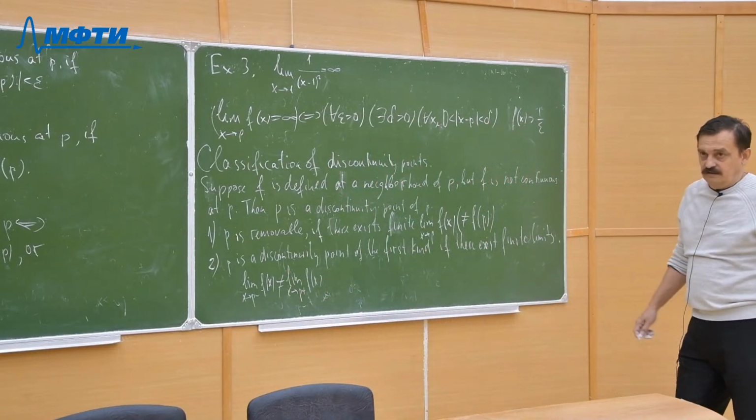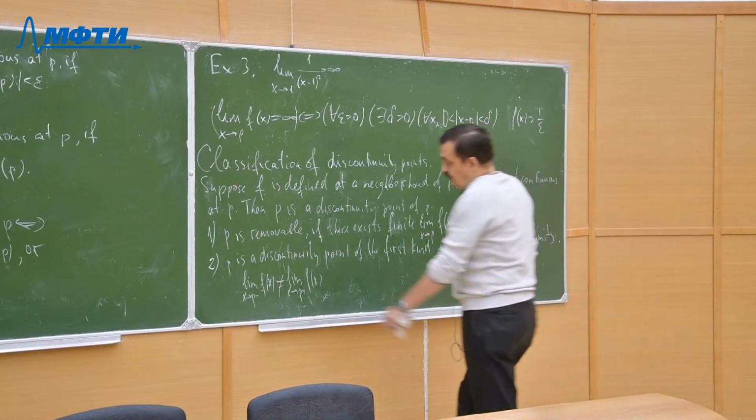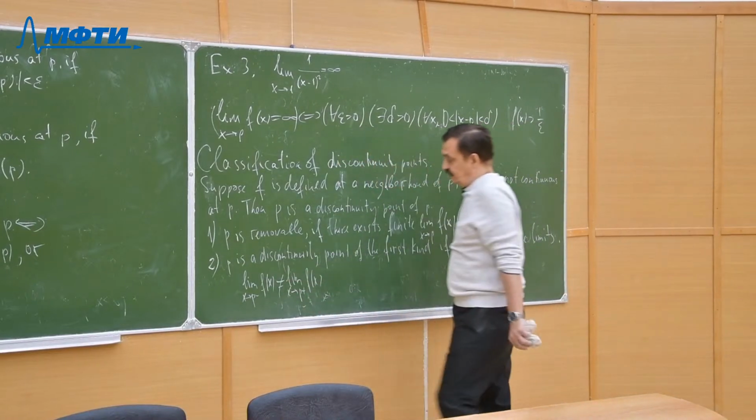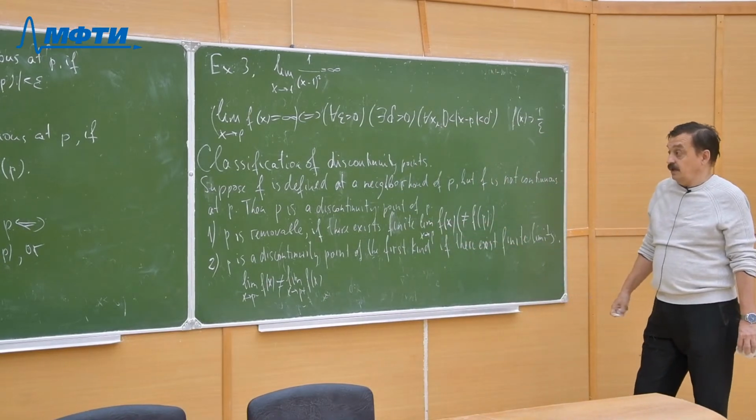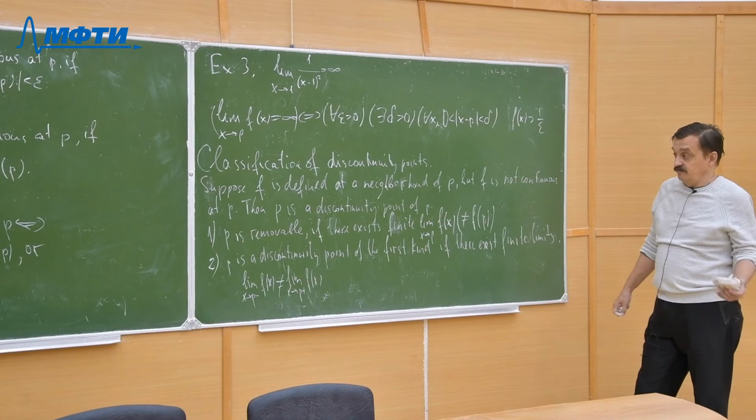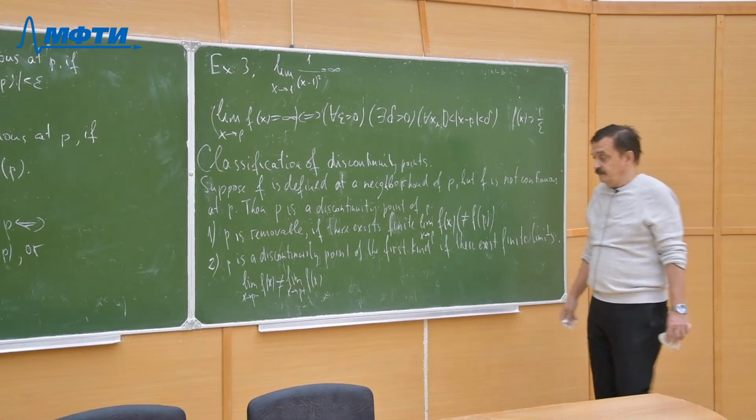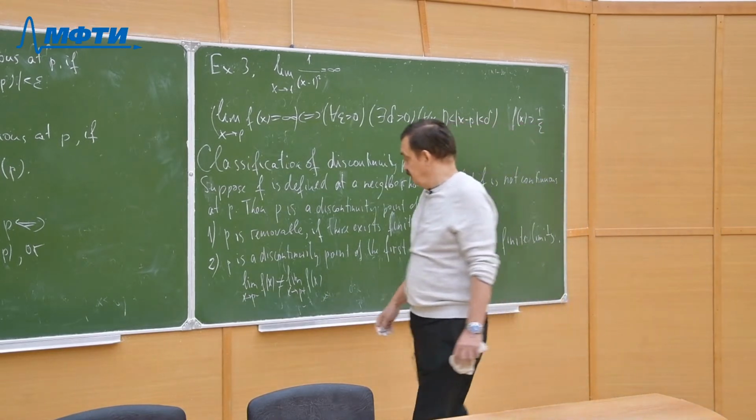Why? Because if they are equal to each other, then there exists a finite limit, hence P would be removable, but this is a different story.